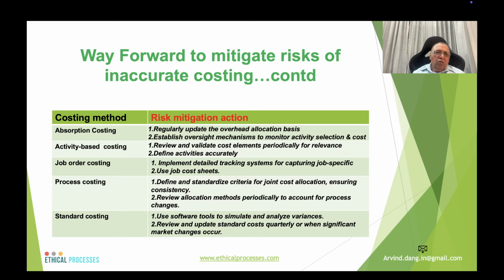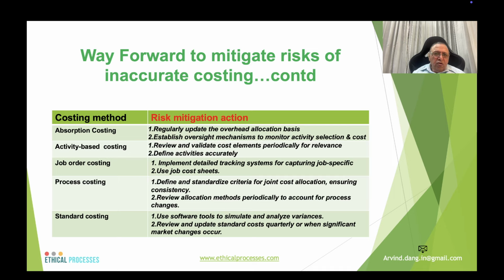Job order costing, row number three: implement detailed tracking system for capturing job specific costs and use job cost sheets. Fourth, process costing: define and standardize the criteria for the joint cost allocation ensuring consistency, and review allocation methods periodically to account for process changes.